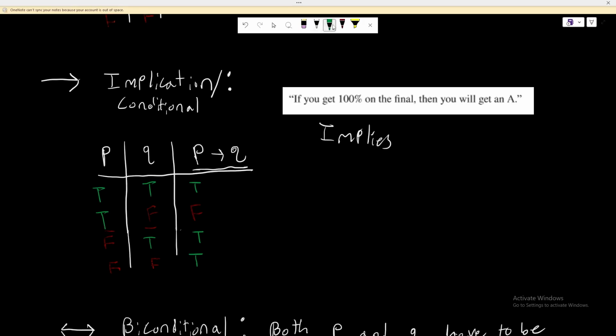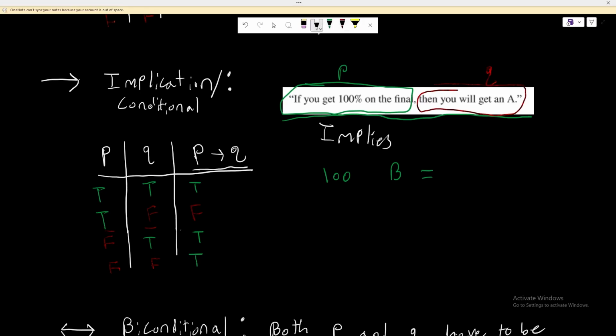And basically how you solve this, I have an example here. It says if you get 100 on the final, you'll get an A. So if we say this part, if you get 100 on the final, is P, and then this part, you'll get an A, is Q. So if we say we got 100, but we did not get an A, let's say we got a B, well, let's just look at the table to see what it would result to.